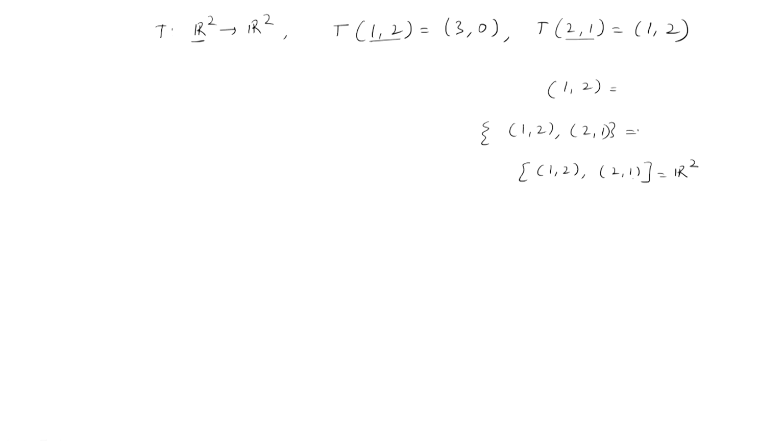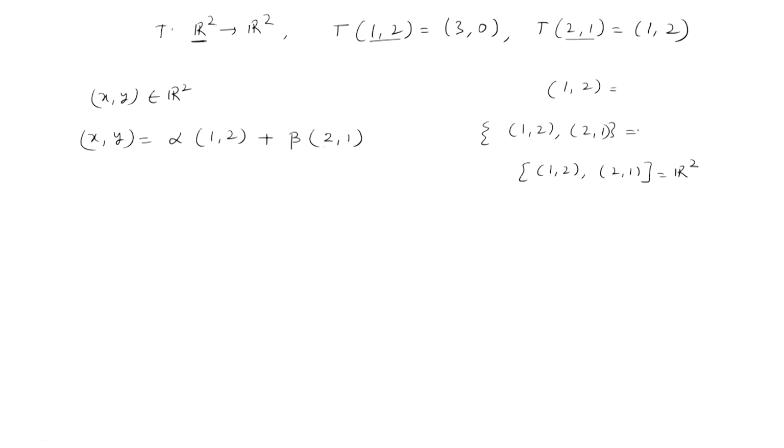Now, does there exist any linear transformation such that this equals this and this is equal to this? And if yes, how can you find it? You take any (x, y) in R2. Since the span of these generates the entire R2, there will exist some scalars alpha and beta such that this (x, y) can be written as a linear combination of these two vectors.